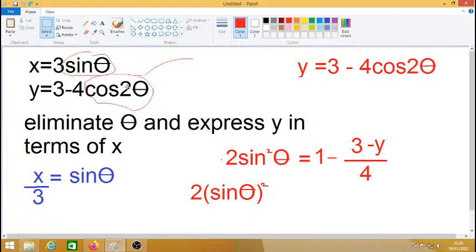Cos 2 theta, we thought of all the cos 2 theta formulas. We picked the one that had a sine theta in it, and so that was the 1 minus 2 sine squared theta. And then to make it easier to do that substitution, we rearranged this so that you had cos 2 theta on its own.